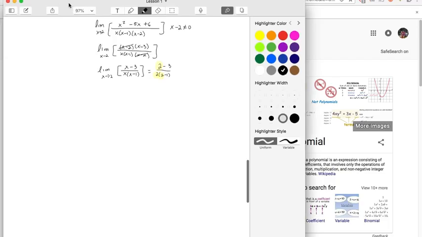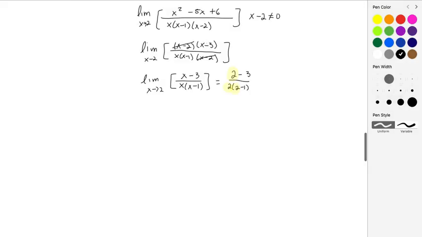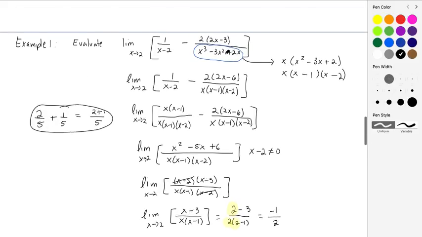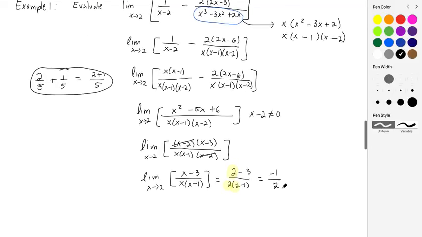So the limit of that original function as x approaches 2 is going to be 2 minus 3, which is negative 1, and then 2 minus 1 is 1, and 1 times 2 is 2. So the limit as x approaches 2 of that original function is negative 1 over 2.